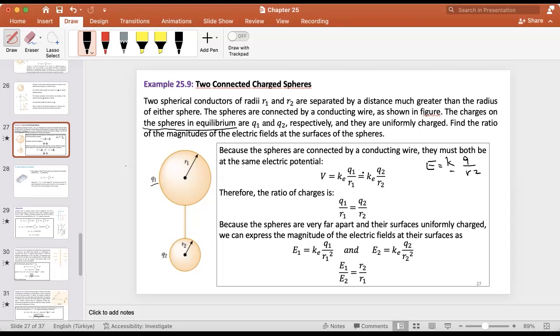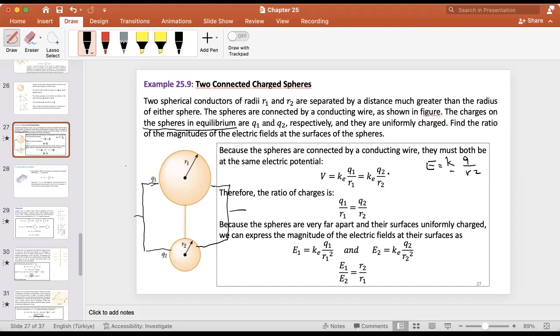Anyway, let's continue. There is an important thing here. There is a hint. What is it? If they are connected to each other, their potentials are the same. Even you can imagine a parallel connection in this way, and we can say their potential differences are the same.